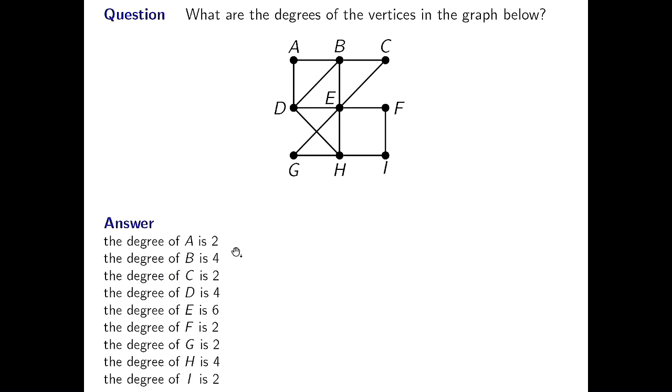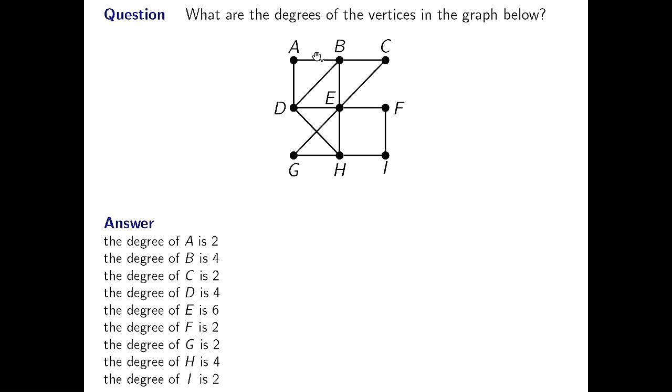So what we're saying here is that if you add up all these numbers, 2 plus 4 plus 2, that's 8, 12, 18, 20, 22, 26, 28. Did I do that right? If we add up all those numbers, then that should be twice the number of edges.